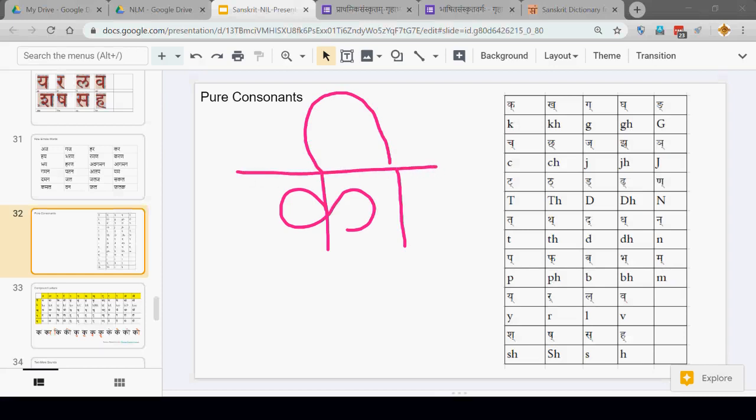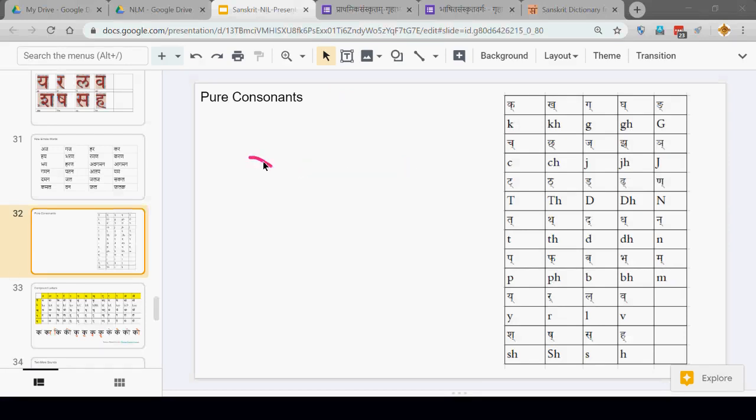Okay. So here there is only one vertical line, so starting from there we start and end the circle, half circle at the vertical line here. So for example, gha, so ga is written like this.